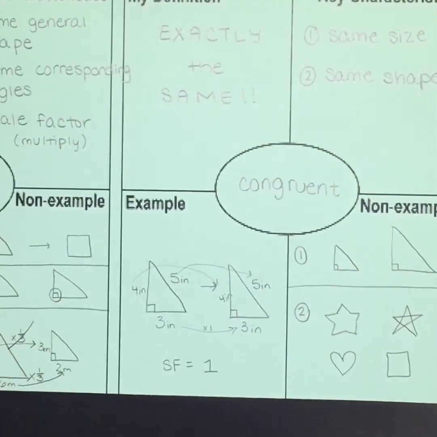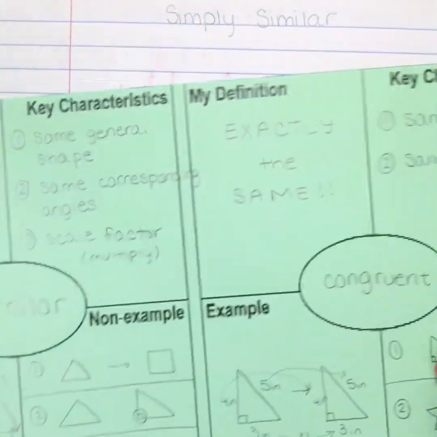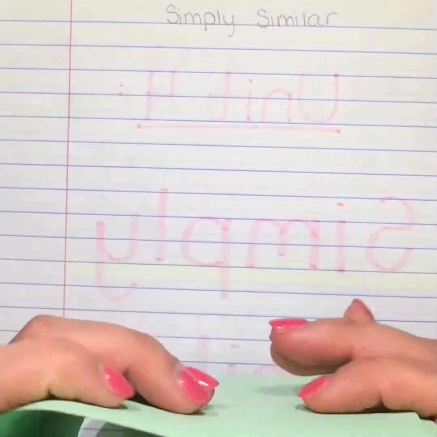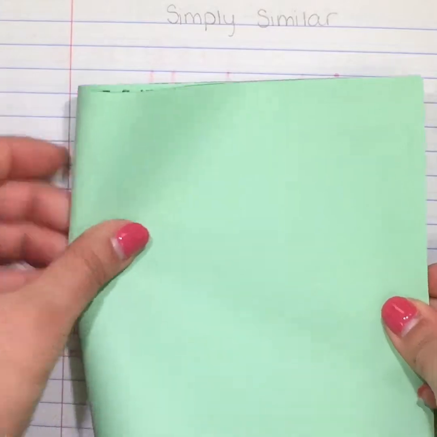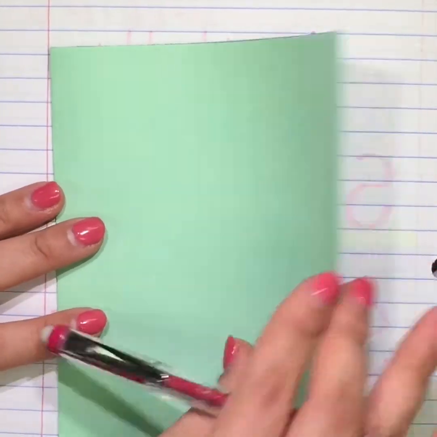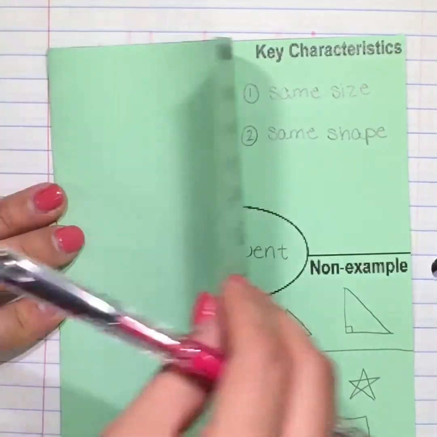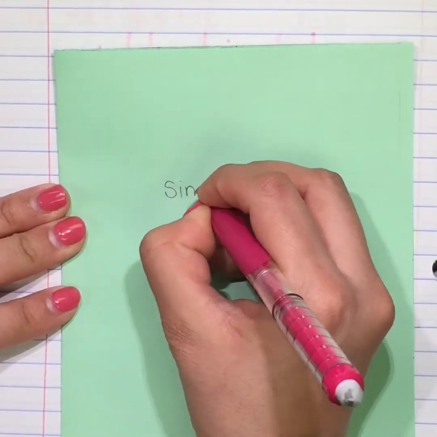Now that we're finished with our Venn diagrams, now we can add this into our spiral on page 78. And actually what I'm going to do is I'm going to fold this in half because it doesn't really fit like this. So I'm going to fold it in half. And on the front, like this, so we can flip it open when we need to, I'm going to write similar versus congruent.